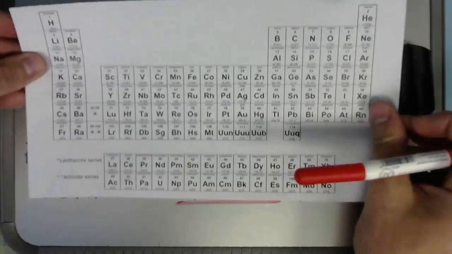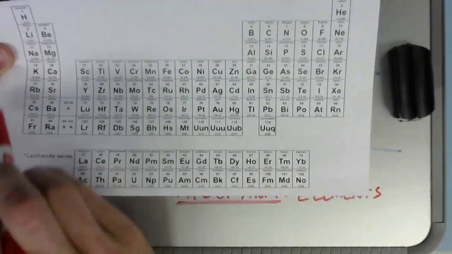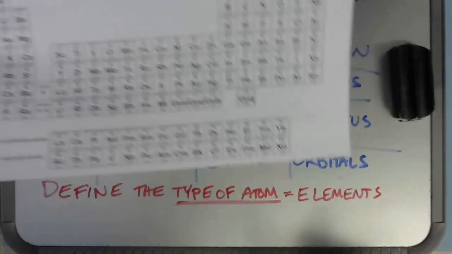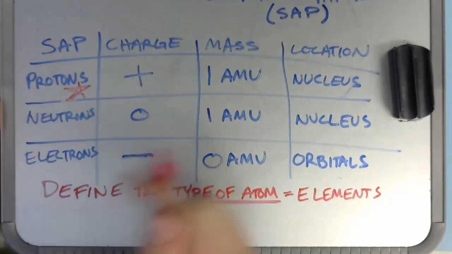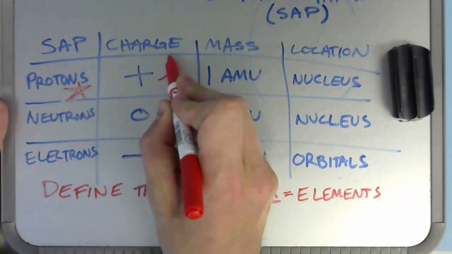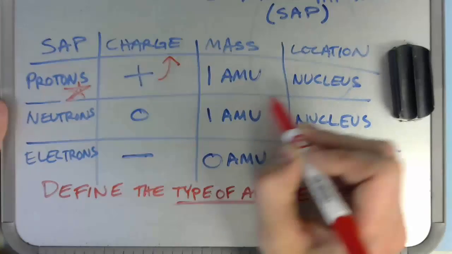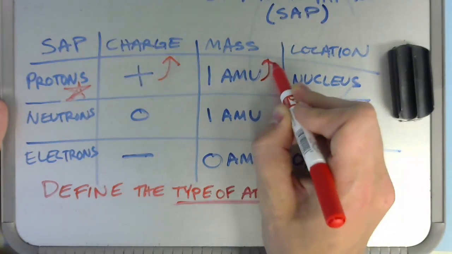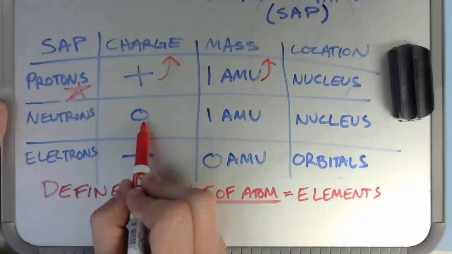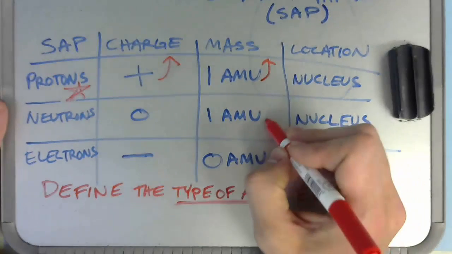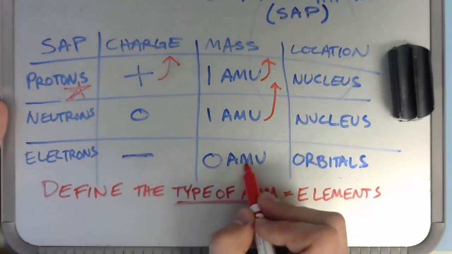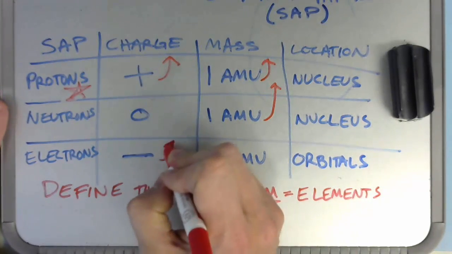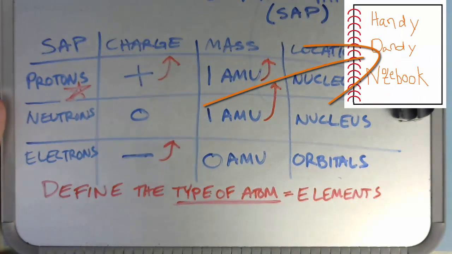So on our periodic table of elements, all of these elements have different numbers of protons. Protons are also going to contribute to the charge of an atom and to the mass of an atom. Neutrons are not going to contribute to the charge, but will contribute to the mass. Electrons are not going to contribute to the mass, but will contribute to the charge. We'll get into more of that later.